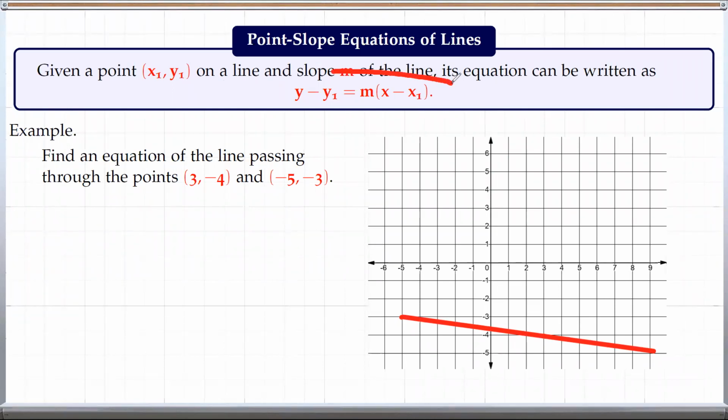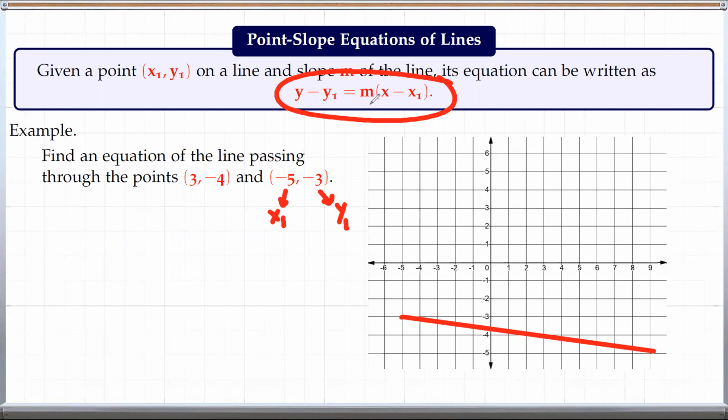Again, we can use this form of the equation. So we need m and we need (x1, y1). (x1, y1) is a point. We have two points, so we can consider one of these two to be (x1, y1). We can either take (3, -4) as (x1, y1), or we can take (-5, -3) as (x1, y1). In this case, I'm going to choose (-5, -3) as (x1, y1) for no reason.